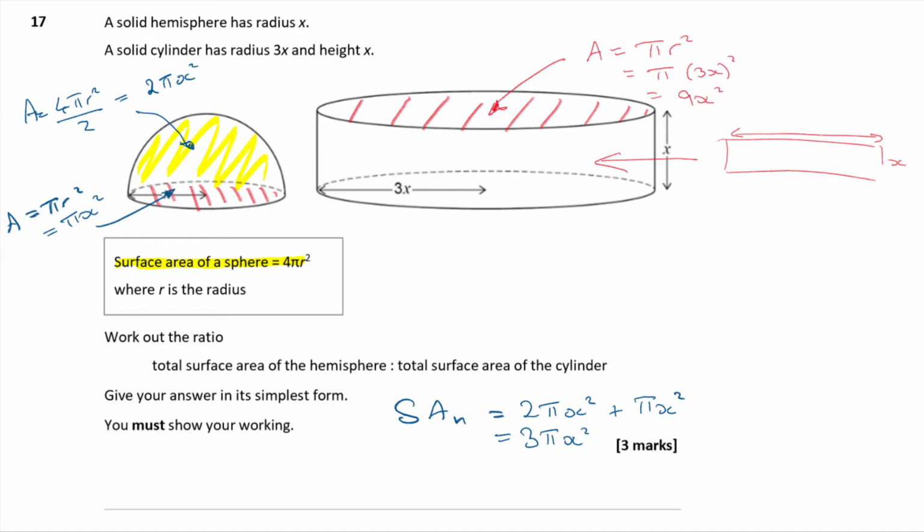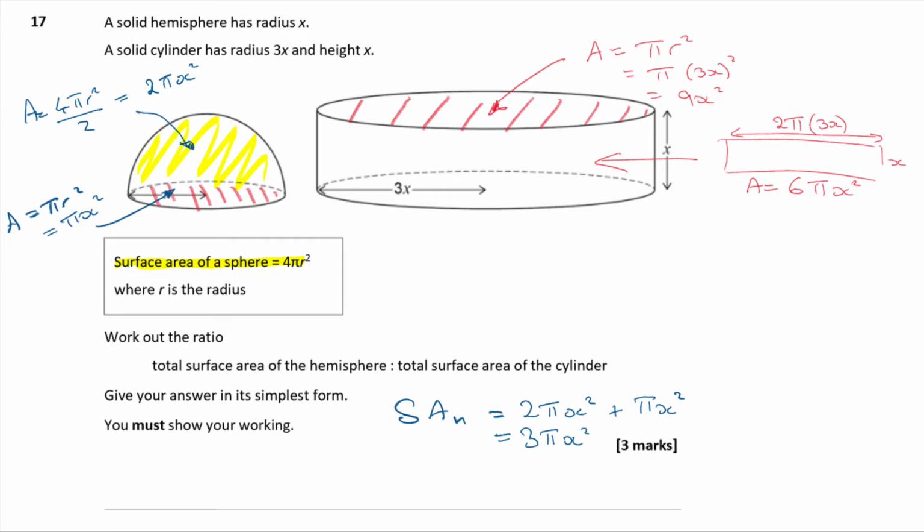Okay, so the circumference of a circle is 2 pi r, which is 2 lots of pi lots of 3x. Okay, so then what is the area of that then? It's going to be those two things multiplied together. So 2 pi 3x is 6 pi x times x is 6 pi x squared.